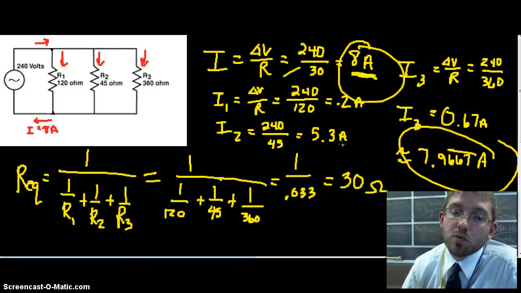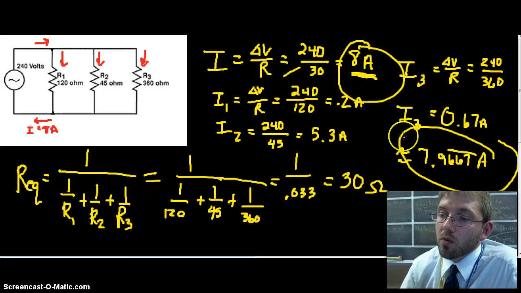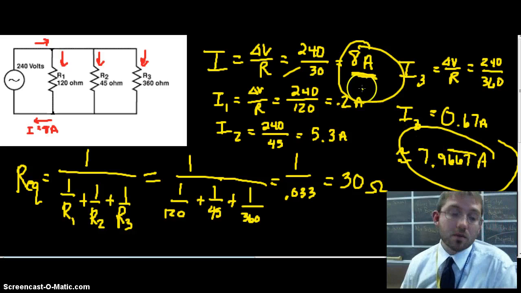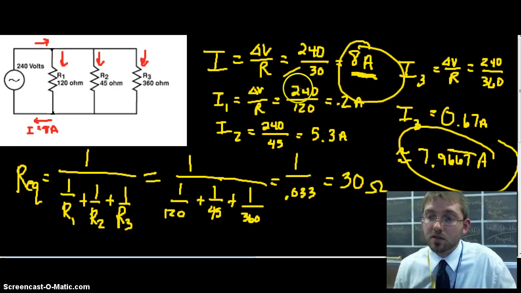Larger resistances would then have smaller electrical currents passing through them. And if we were to add this all up to verify, we get a value which is very close to the 8 amps we had predicted to be true in this case.